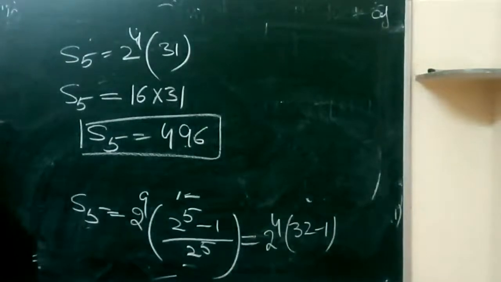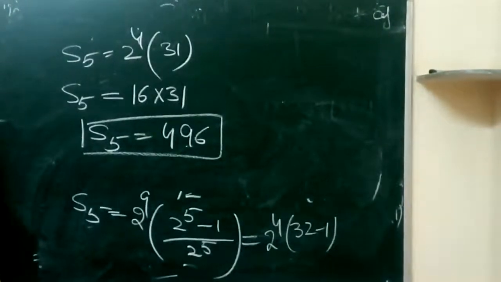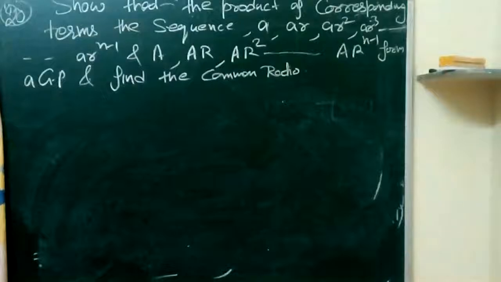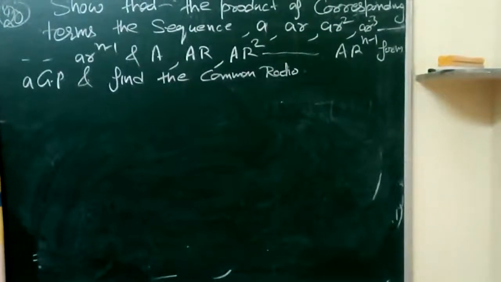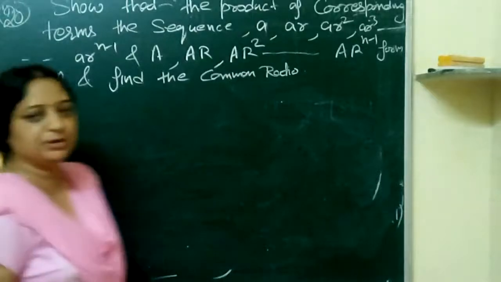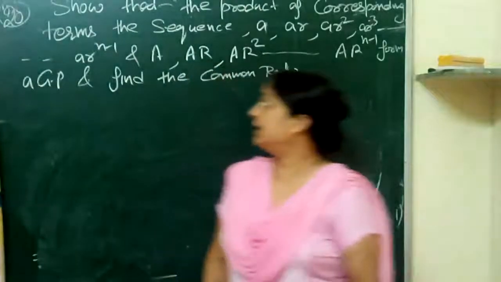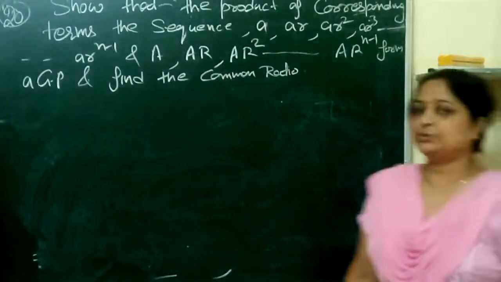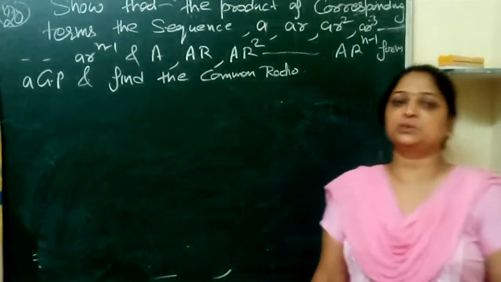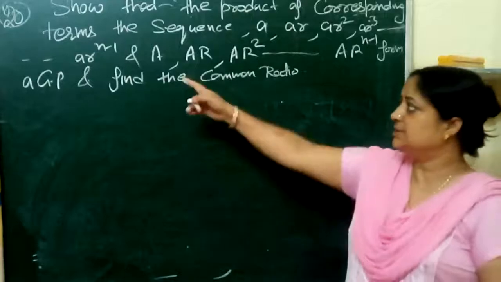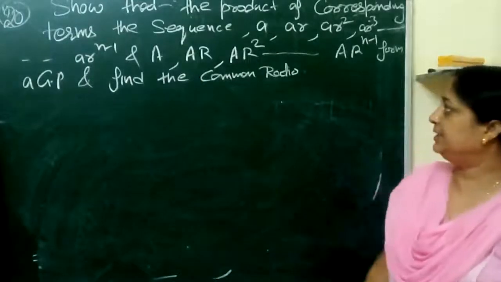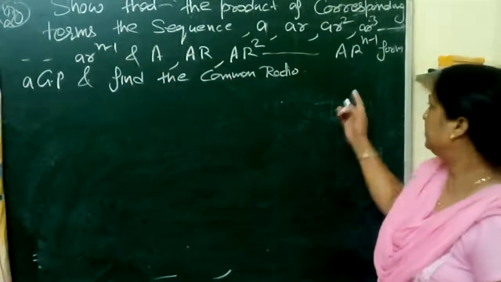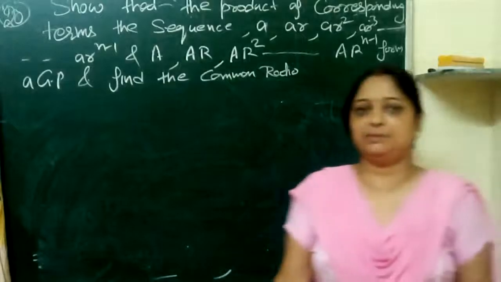Now we will start the next question. Now dear students, come to question number 20. In question number 20, show that the product of corresponding terms of the sequences a, ar, ar square up to ar raised to n minus 1 and capital A, capital AR, capital AR square up to capital AR raised to n minus 1 form a GP.